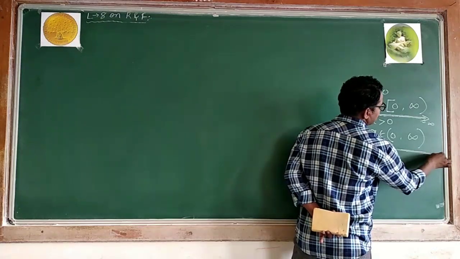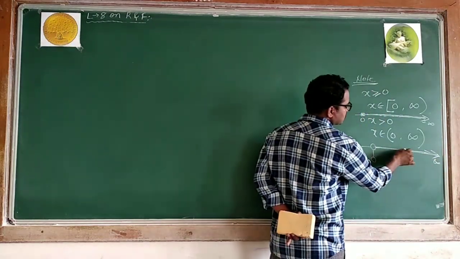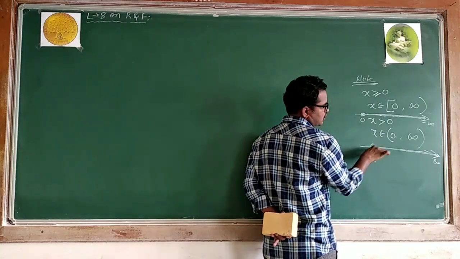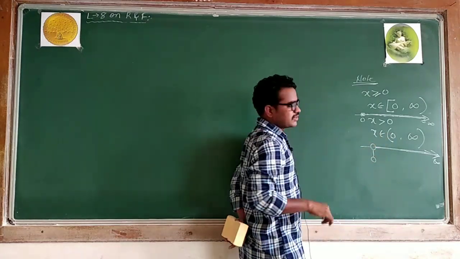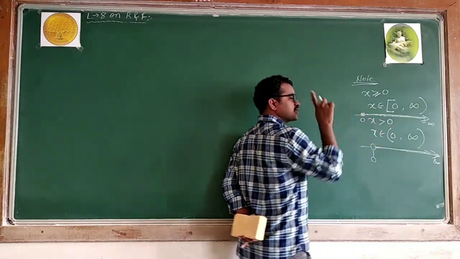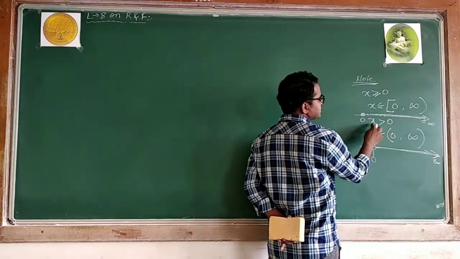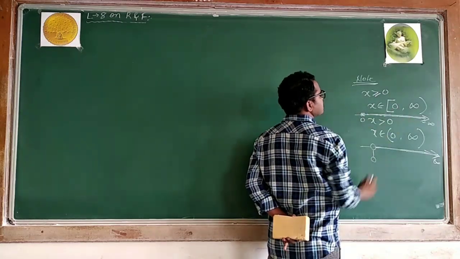What I shaded above, up to this, is considered infinity. With 0 to infinity, any real number is included, and in the closed case 0 is included, as I said in the case of sets also. So whenever x is greater than or equal to 0, I can say x belongs to the interval from 0 to infinity.